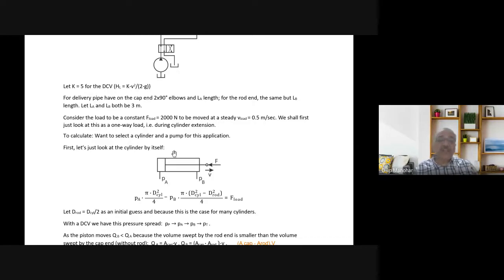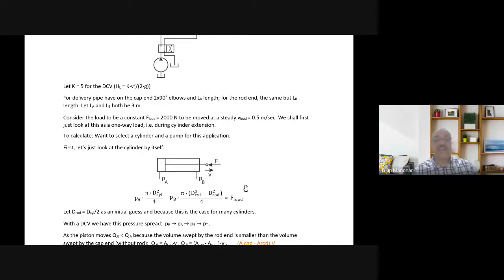The pressure acting on the piston is PA, the pressure at point A, times pi by 4 d square, that is the cylinder area, minus the pressure on the rod end side, PB, acting on the other side, times pi by 4 d square, that is the cylinder area minus rod area. That is equal to the load acting on the rod end.